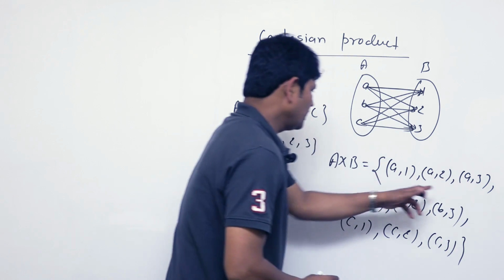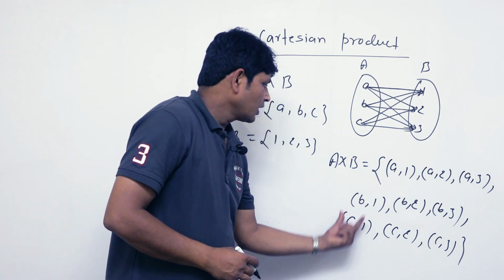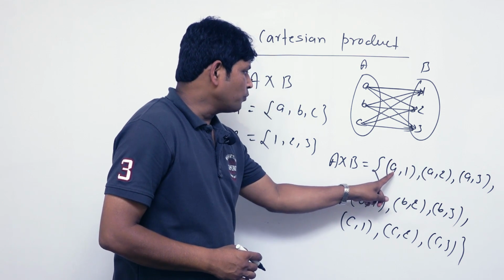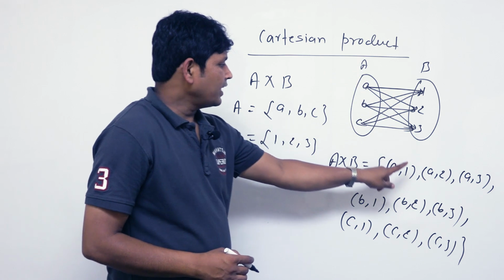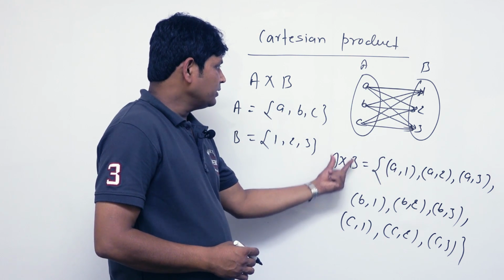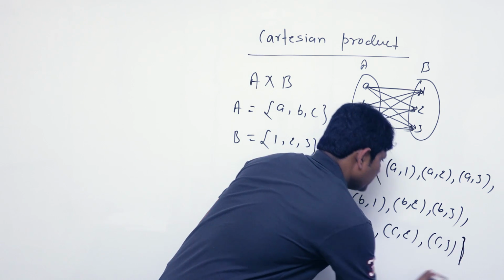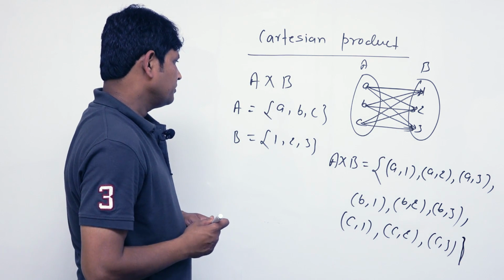This Cartesian product is called a set of ordered pairs, in which the first component belongs to set A and the second component belongs to set B. This way we can represent the Cartesian product.